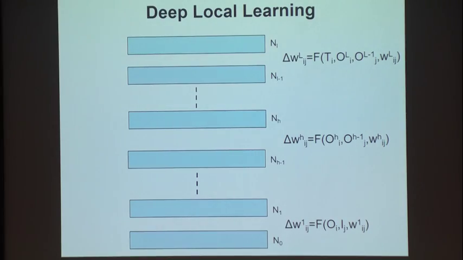So what I'm saying to you is that if you have a feed-forward network like this, and you have local learning rules between the layers, where in this case, for instance, this learning rule depends only on the local variables, then no matter what the local learning rule is, no matter if you use polynomial of degree 125, it doesn't matter.